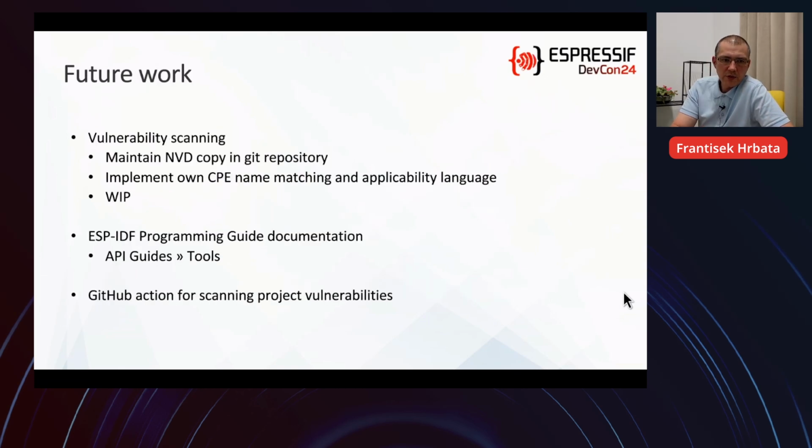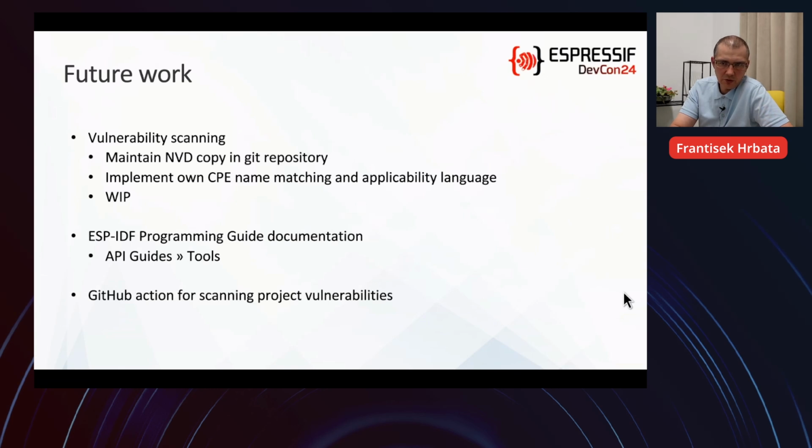And for the future work, we are planning to improve the vulnerability scanning because of the recent problems with the NVD REST API. The idea is to maintain our own copy of the relevant National Vulnerability Database entries in a Git repository and implement our own CPE name matching and applicability language, and do the scanning locally. Hopefully it will be much more reliable and faster.